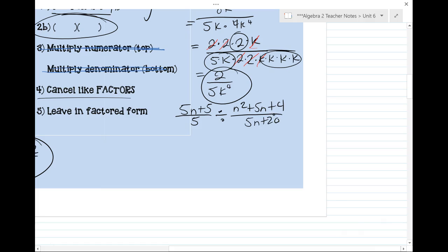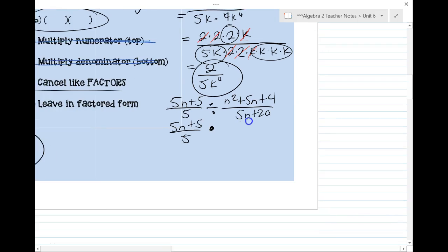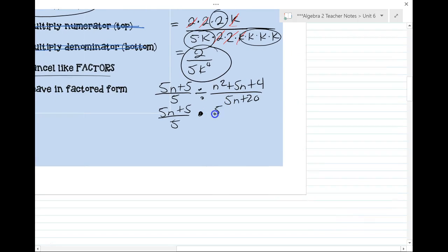Now, again, first step with division. Make the second expression a reciprocal. So we're going to flip it. The first one stayed the same. Then we flip the second. The sign in the middle becomes multiplication. And then we flip the other one. So now we have 5n plus 20 on the top, and n squared plus 5n plus 4 on the bottom.